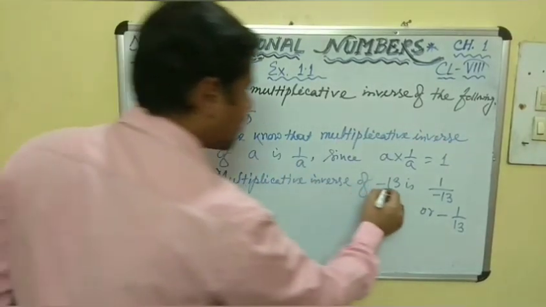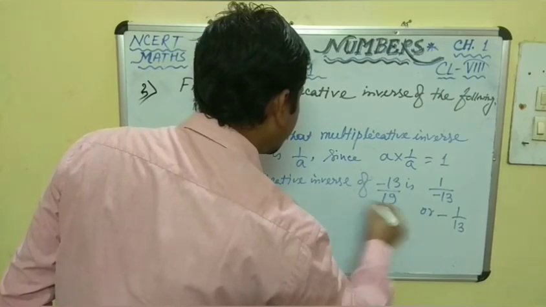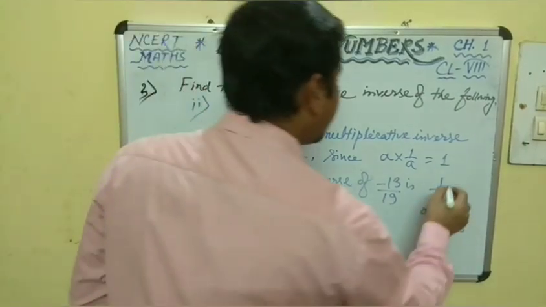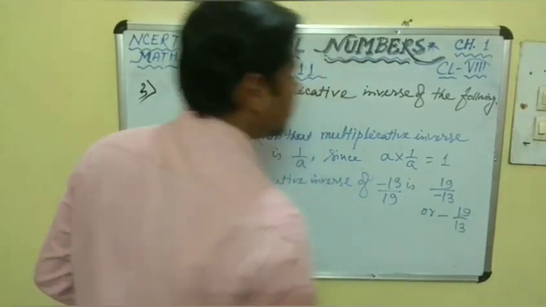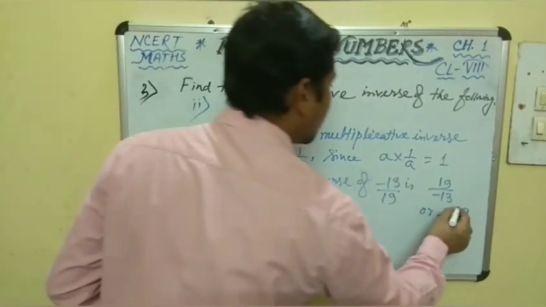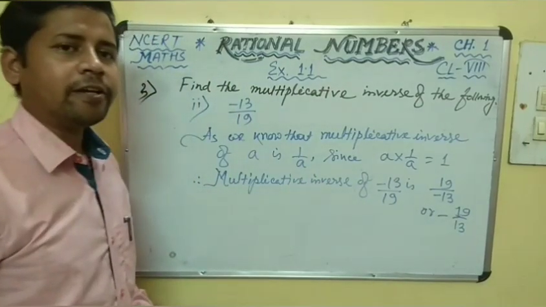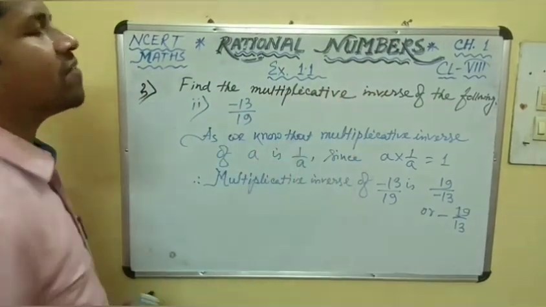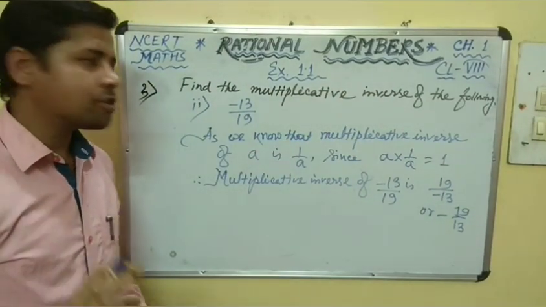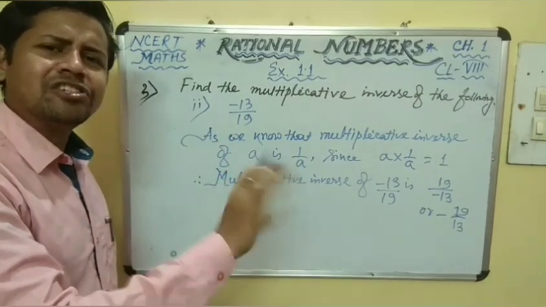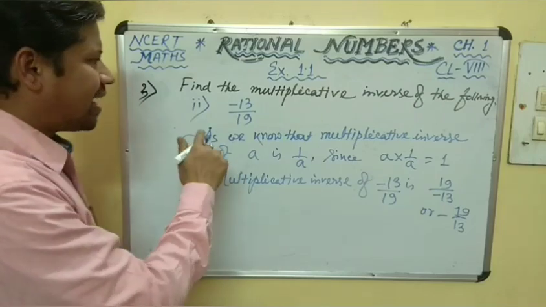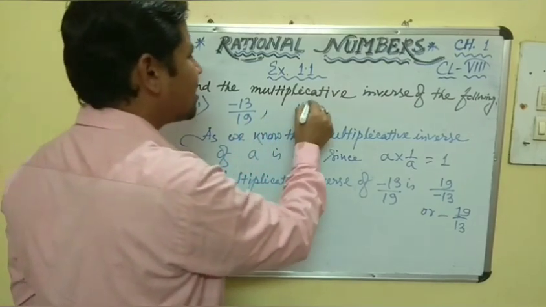We will just write that the inverse of minus 13 by 19 is 19 by minus 13 or minus 19 by 13. I think it is very clear to all of you how to find the multiplicative inverse. Only the numerator and denominator are interchanged.